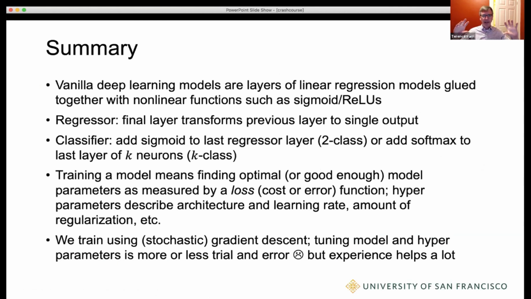And from that, I can stack and pipeline, and that's how I build my neural networks. For a regressor, the final layer transforms whatever the final layer input vector is to a single output, and that's a regressor. The classifier adds a sigmoid to the end of a regression layer for 2 class, or a softmax to a layer of K neurons.